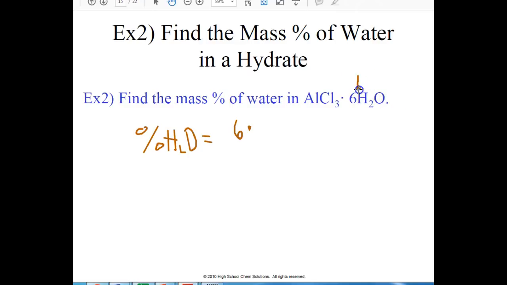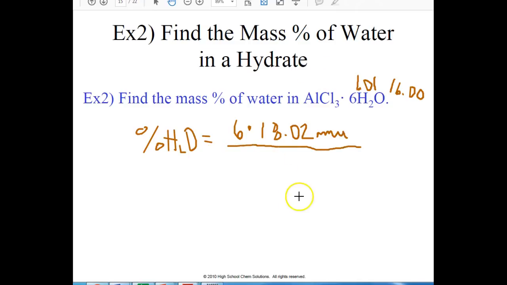Each hydrogen is 1.01. We have to multiply that by 2, and then we've got 16.00. So all together, I think that'll be 18.02 AMU. That's on the top.